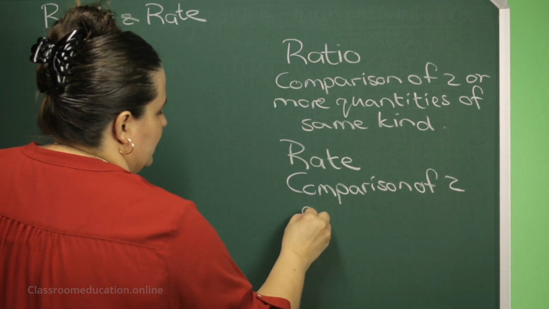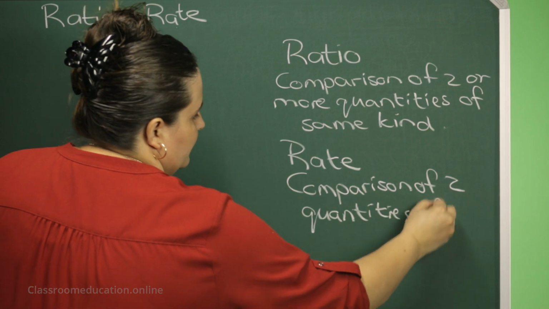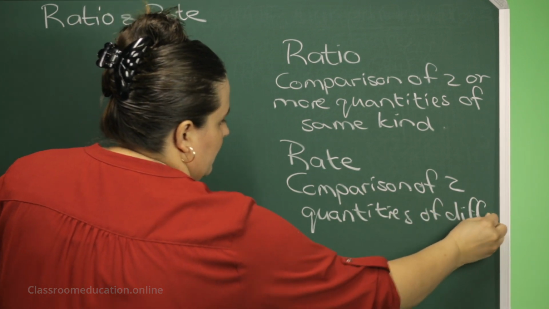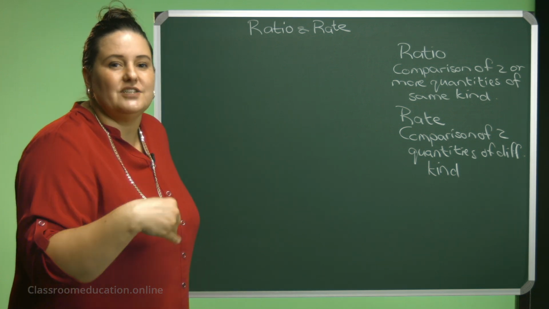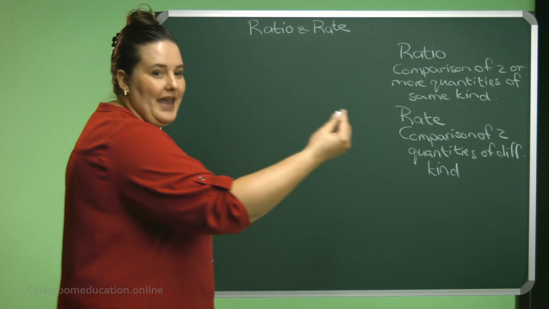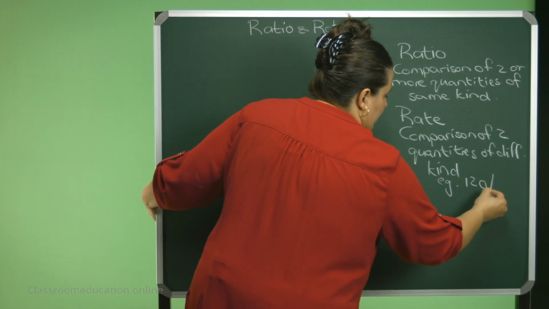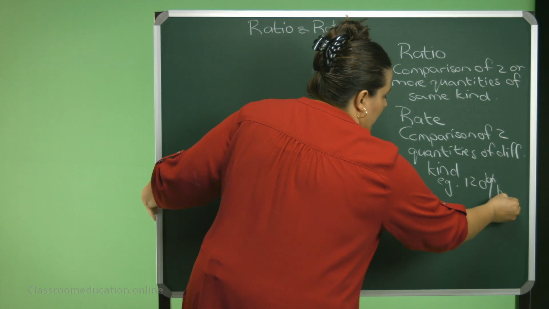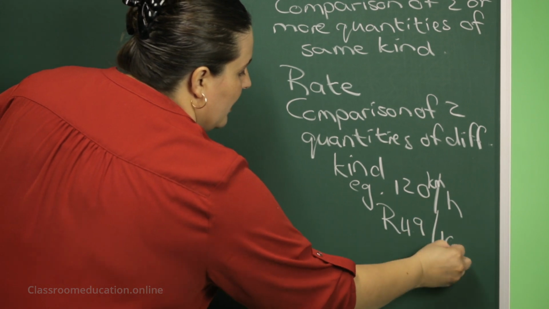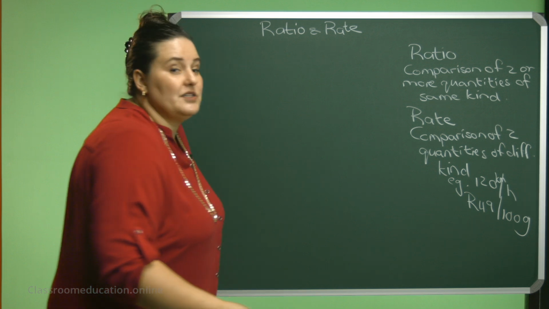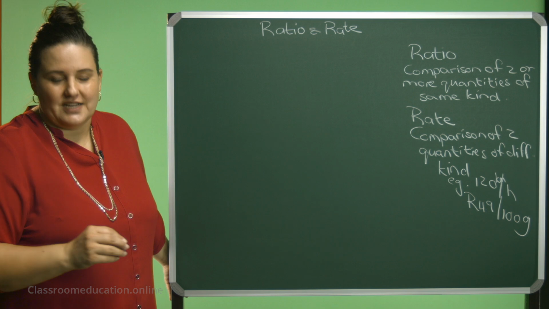For example, 120 kilometers per hour. Or even something like 49 rand per 100 gram. So it's also a comparison between two quantities of different kinds.